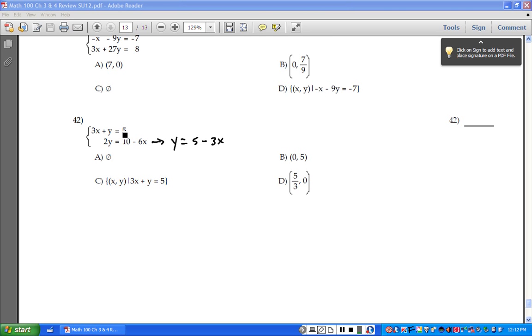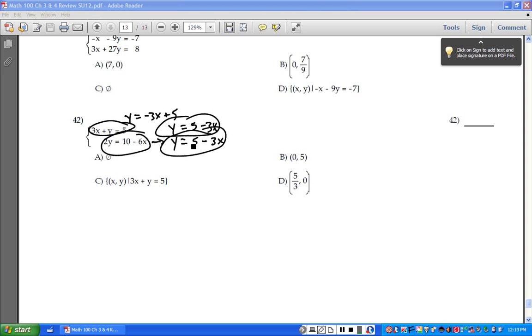If I put this in the same form, I would have y equals a negative 3x and a positive 5. So this equation is the exact same as this equation.